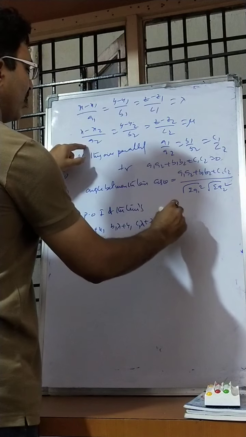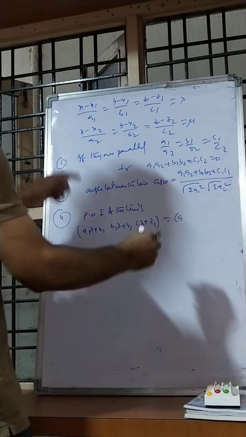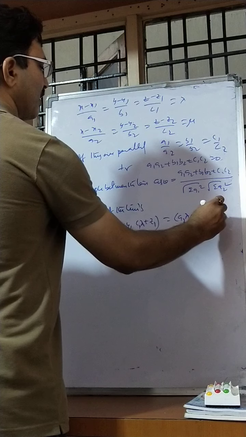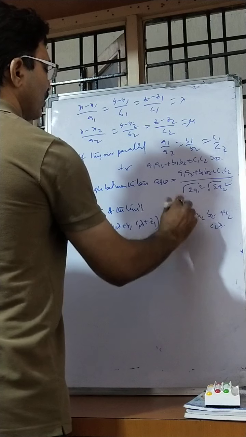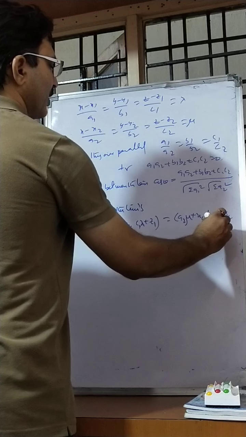And from the second line, you will get a point too; both should be the same, then only you can say that the point of intersection is the same. What you have to do: A2 mu plus x2, B2 mu plus y2, and C2 mu plus z2, this time we have taken mu, some other constant.